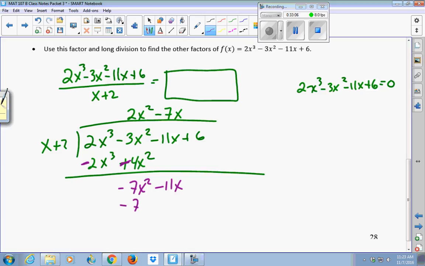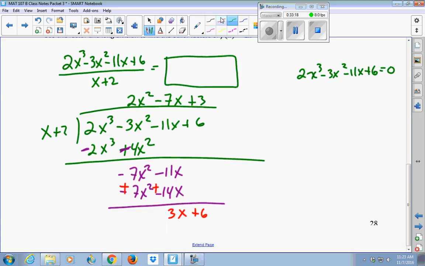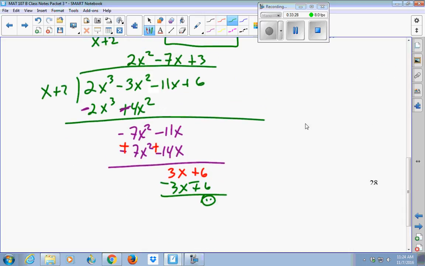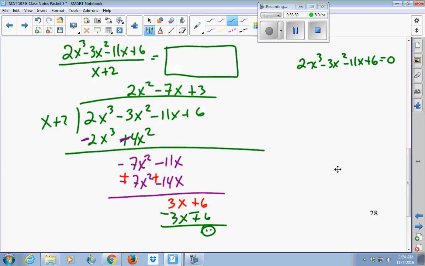Minus 7x squared minus 14x, plus 3x plus 6. Oh boy, it looks exactly like it did. I'm so happy. Minus, nice big 0. So 2x squared minus 7x plus 3.